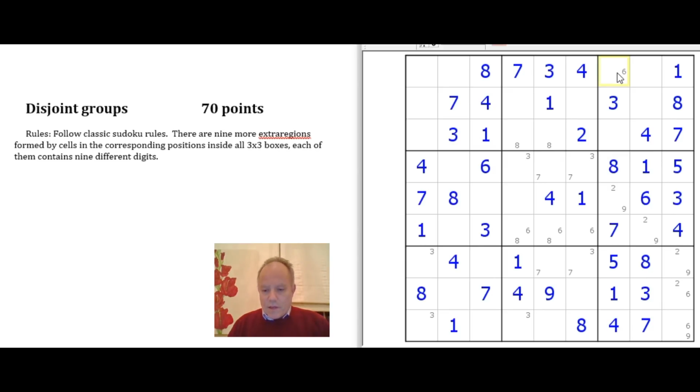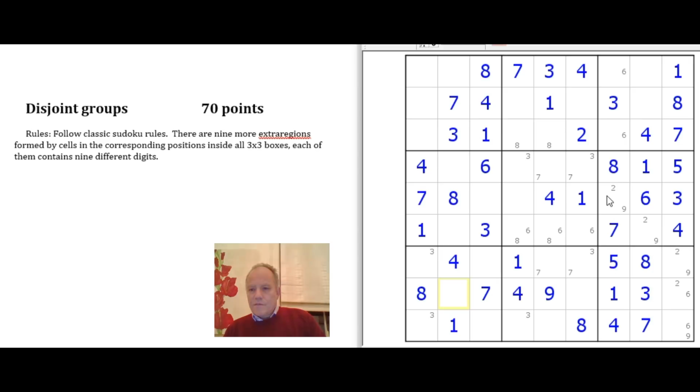6 is either there or there. 2 up here can't be there, but we can't rule out any of those. Let's have a look at these middle cells again. We've got 7, 1, 8, 4, 6, 9, 3. That's either 2 or 5, and that's either 2 or 5, but we don't know which.